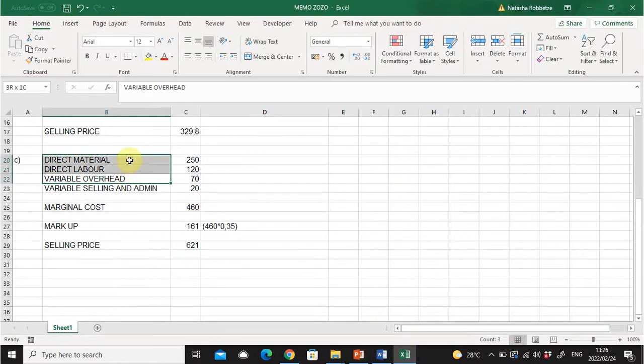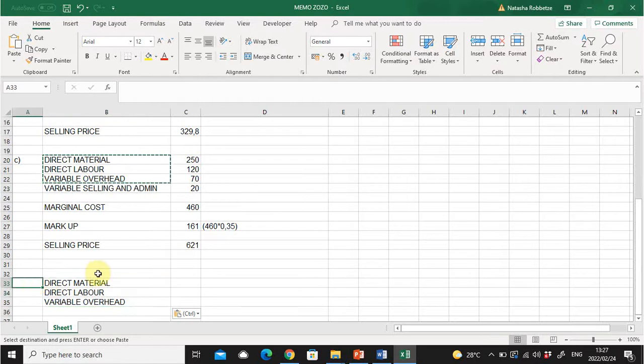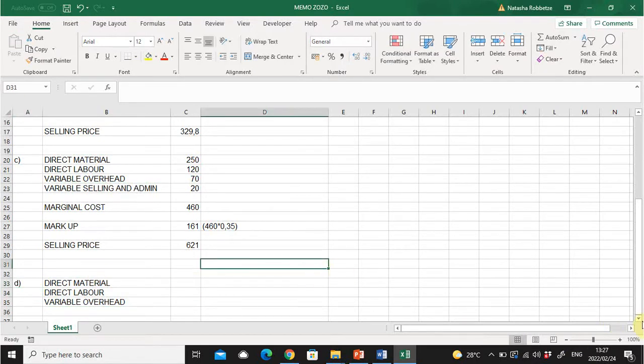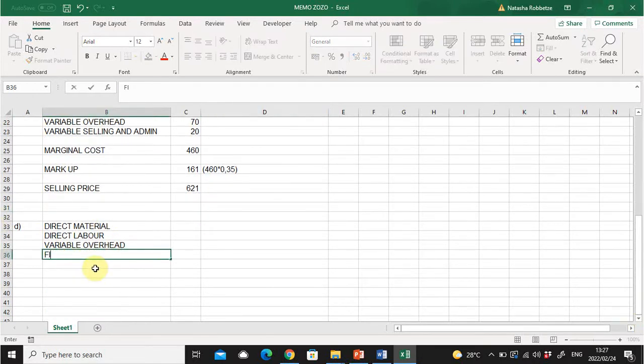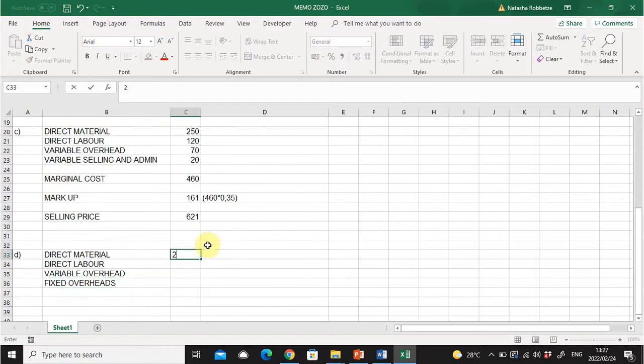Right, so again, I'm just going to be a bit lazy, copy the words for number D, and then of course we have to add there the fixed overheads. So now for the direct material, it was 250.